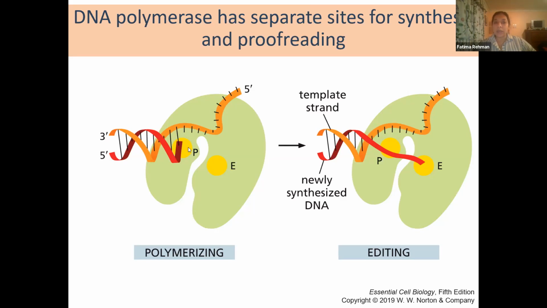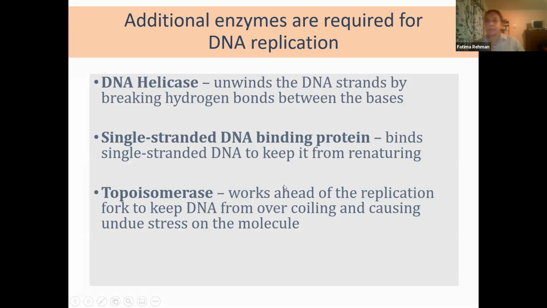However, as soon as that interaction destabilizes because it's unable to form the appropriate bond, that shifts the DNA strand into the editing site, because it can't keep moving forward. So it shifts towards the back to that editing active site, where the mistake is removed and then it continues with its appropriate strand. Okay.